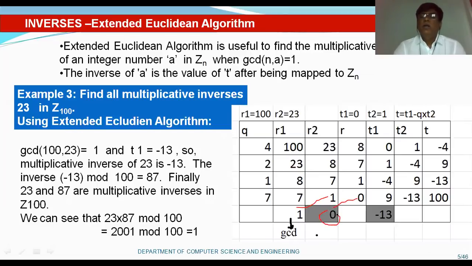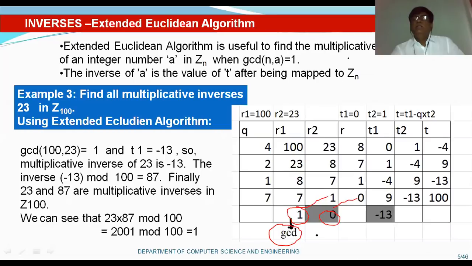We got R2 as 0. Since we got R2 as 0, this R1 is the GCD value of 100 comma 23. The GCD of 100 comma 23 is 1.